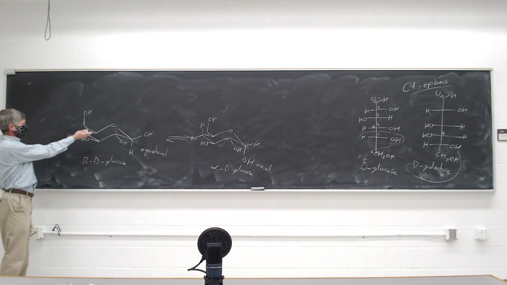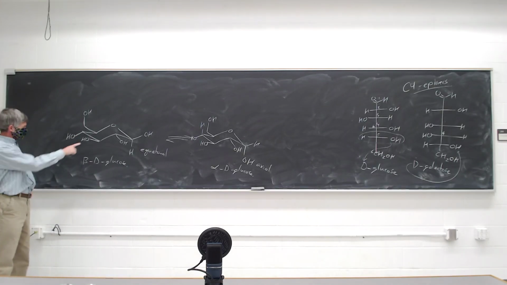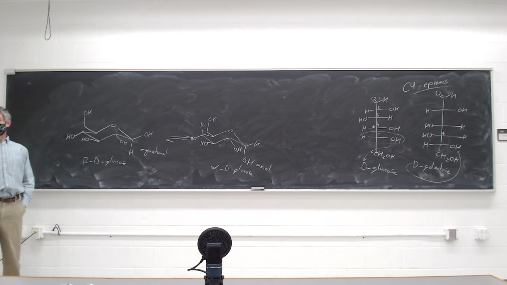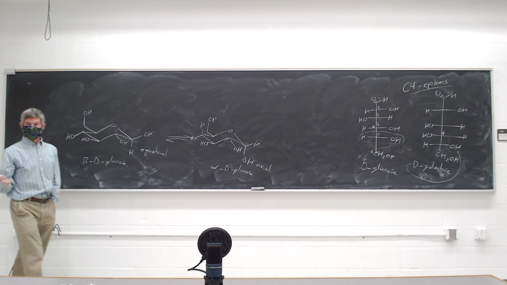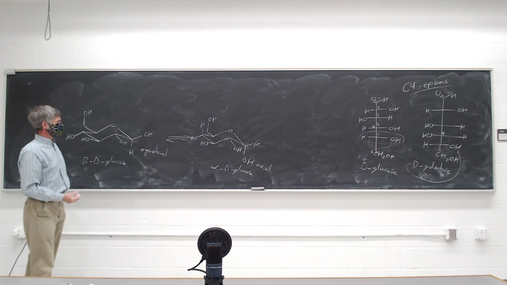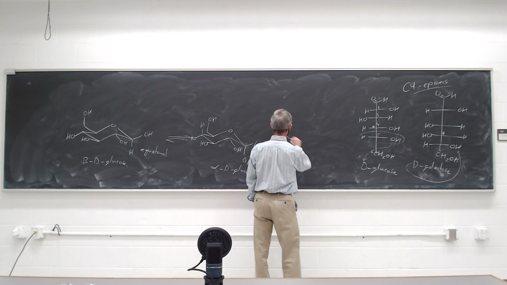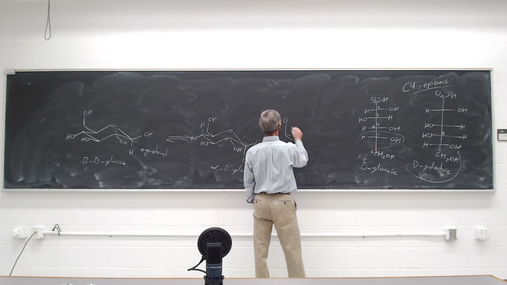You'll notice that all of the other groups are equatorial in glucose. So carbon 2, 3, 4, and 5 have equatorial groups. Probably why glucose is one of the more common ones. It's the most stable. The difference between D-glucose and D-galactose is that C4 epimer.